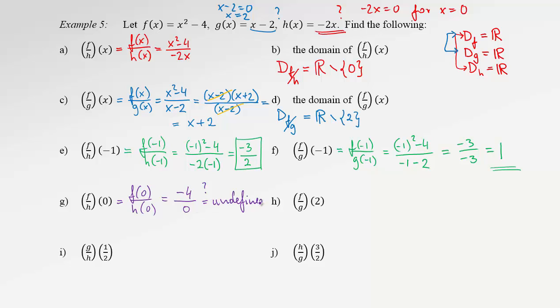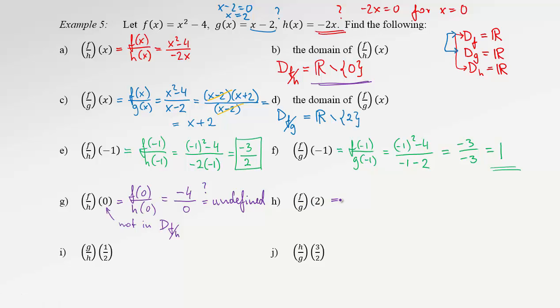That's undefined. We should actually expect this, as 0 does not belong to the domain of f over h. Here is our domain. That's why the value of this function at 0 doesn't exist, it is undefined.